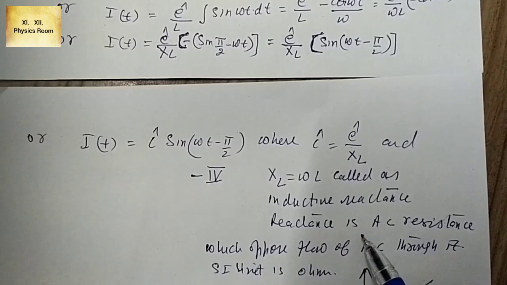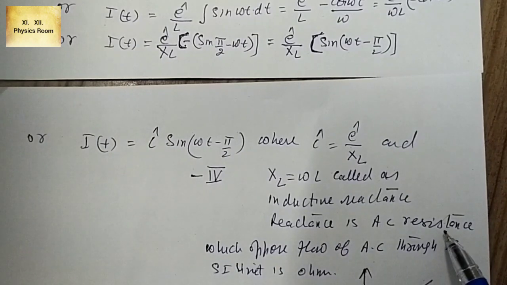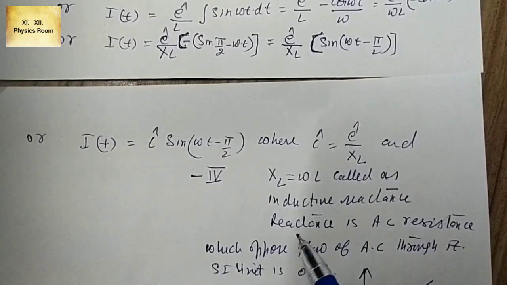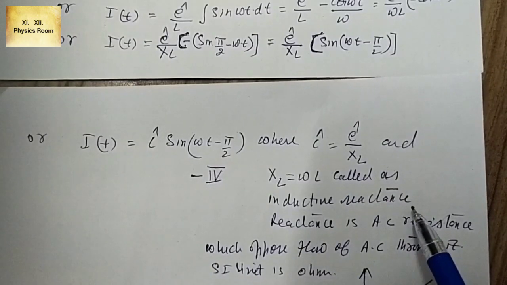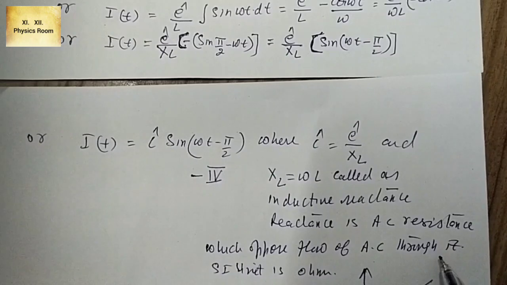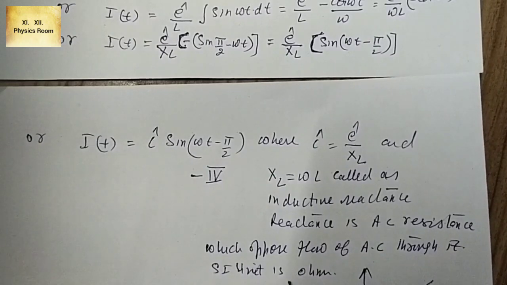Reactance is AC resistance. Inductive reactance means it is AC resistance, which opposes the flow of AC through it. The SI unit of reactance is ohm.